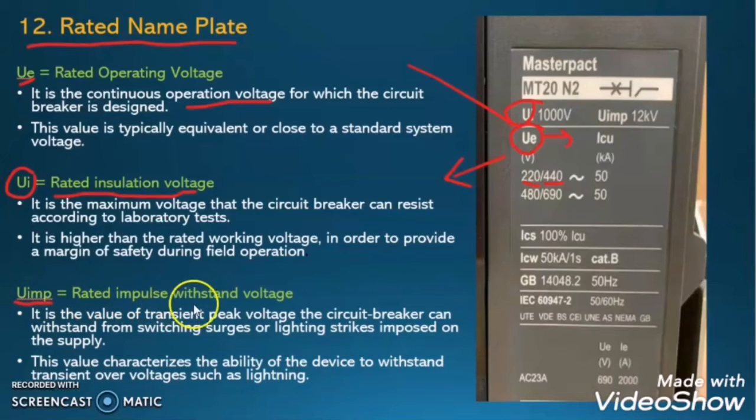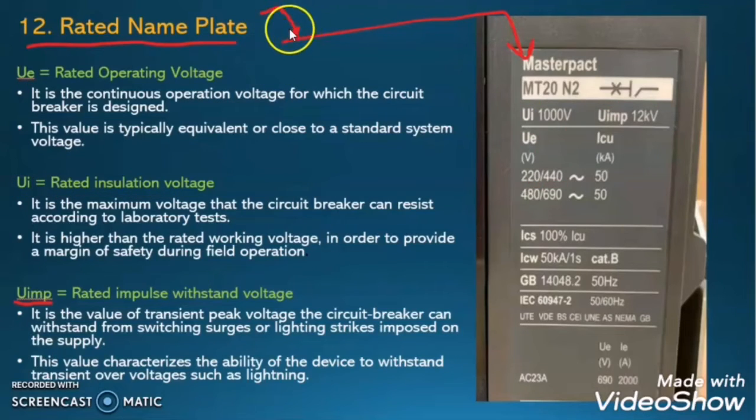Okay, now come to Uimp, which we can say is U impulse. This is the rated impulse withstand voltage. What does it mean? It is the value of transient peak voltage the circuit breaker can withstand from switching surge or lightning strike imposed on the supply. Suppose this circuit breaker is connected with the network and there is a lightning surge on that network.